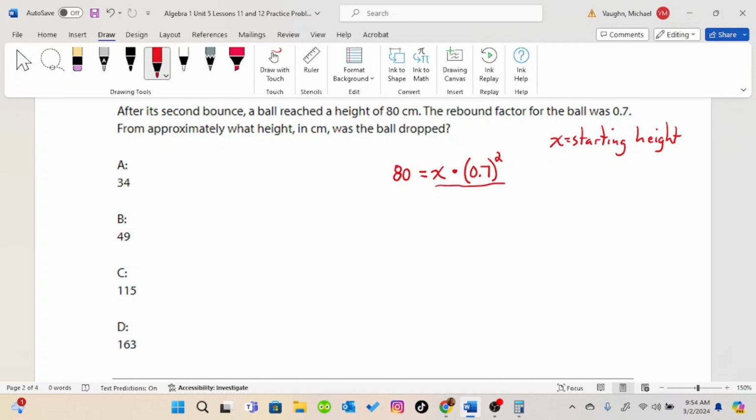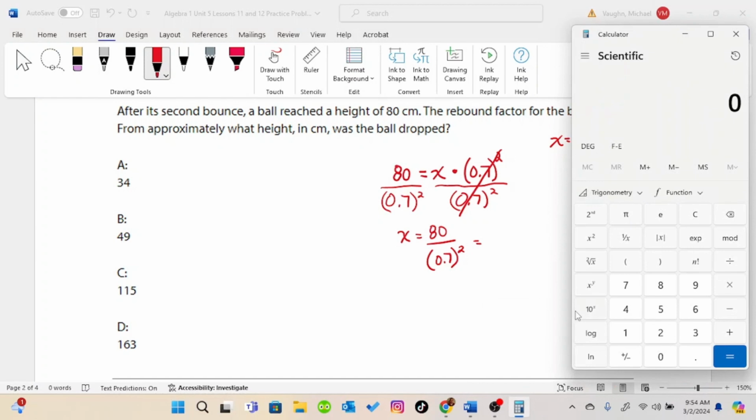So we're going to divide by 0.7 squared. And if we divide the right by that, we're going to divide the left by that. Now this cancels out, and what I have is x equals 80 divided by 0.7 squared.